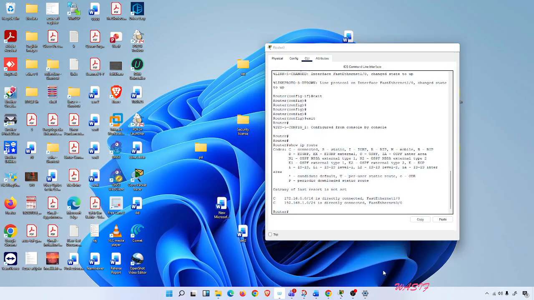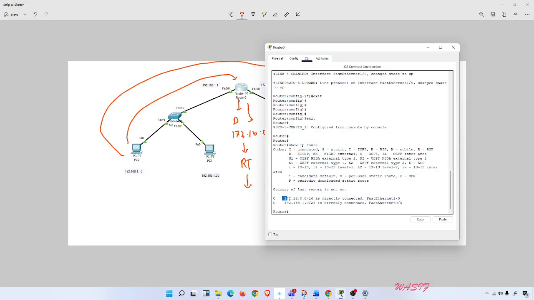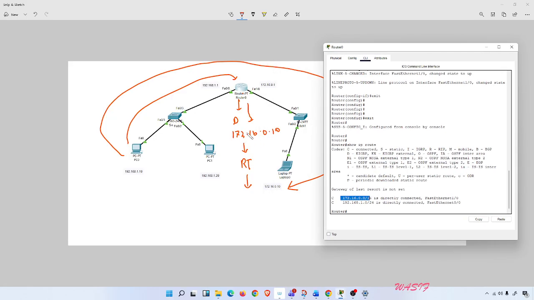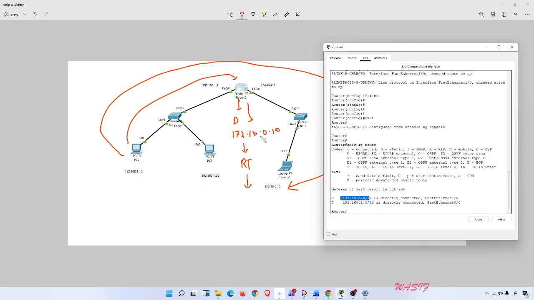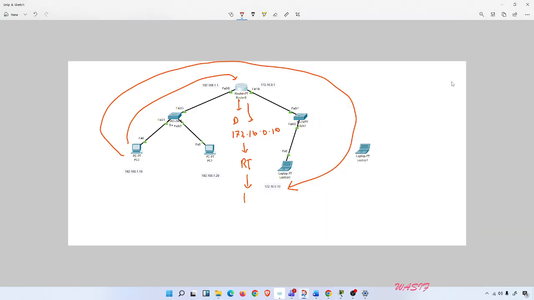So if you look at the routing table, this network is already there, 172.16. So 172.16.0.10 is a part of this network, and he knows that he can send through this interface, FastEthernet 1/0. So from the routing table, he can send to FastEthernet 1/0, okay? And from here, it goes here, okay? So this is how it works.